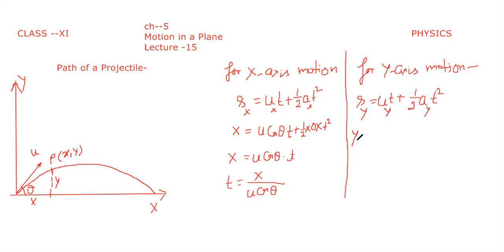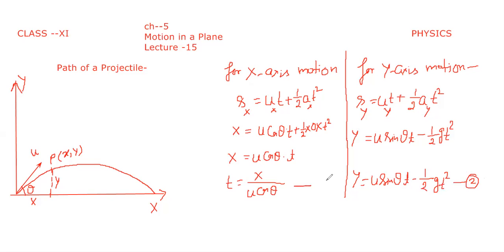So sy is y, uy is u sin theta, into t minus half g t square, because acceleration in the y axis is minus g. So we get y equal to u sin theta into t minus half g t square. This is equation 2 and the earlier one is equation 1. All of you note it down.